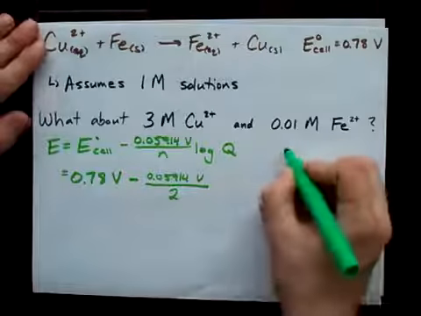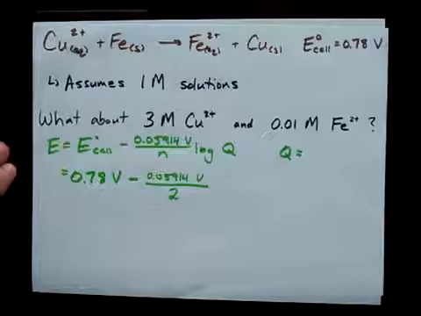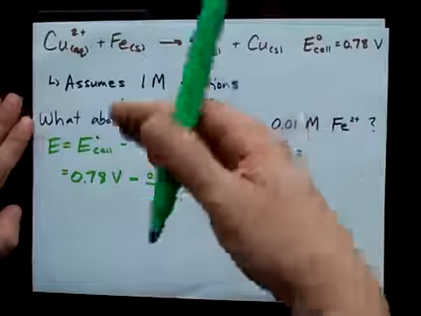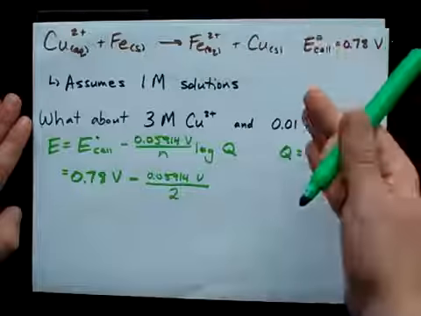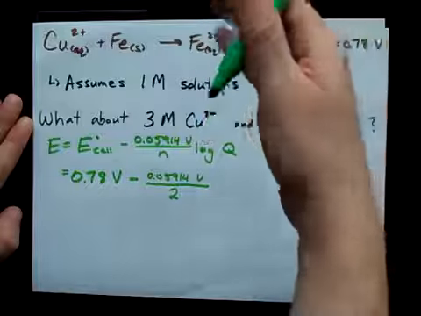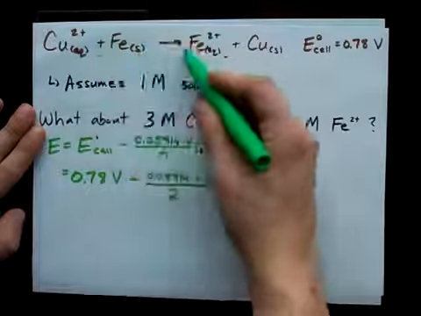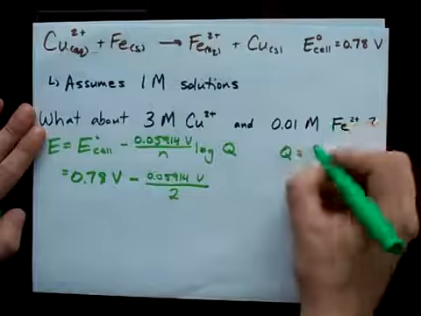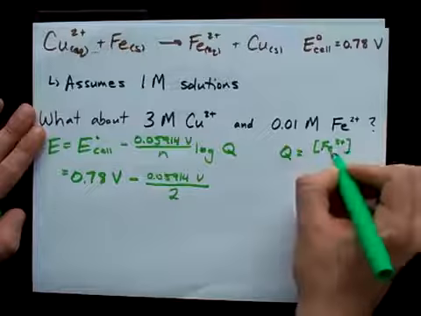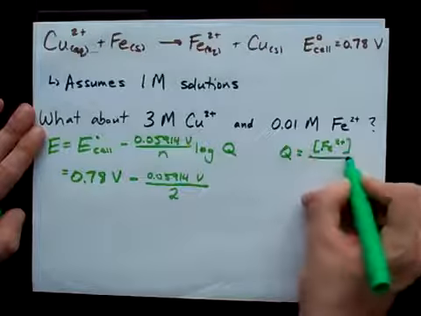Q is your equilibrium expression for the reaction as it happens. Remember, that's products over reactants, coefficients become exponents, and solids and liquids aren't included. What I mean is, if I was going to come up with KEQ for this, I'd need Fe2 plus the product. I wouldn't include my copper solid because it's a solid.